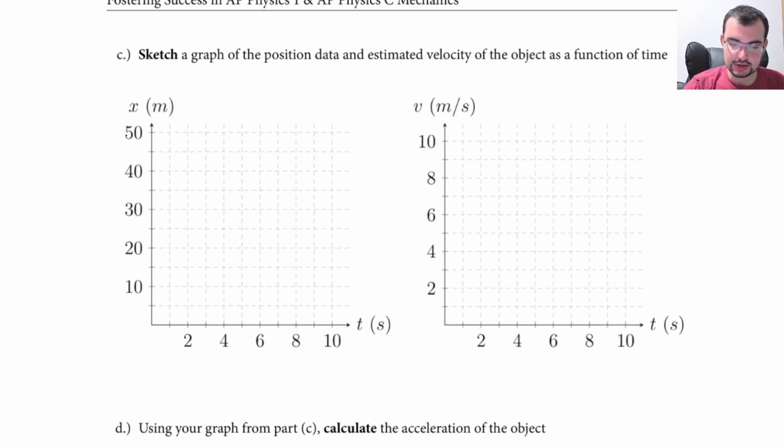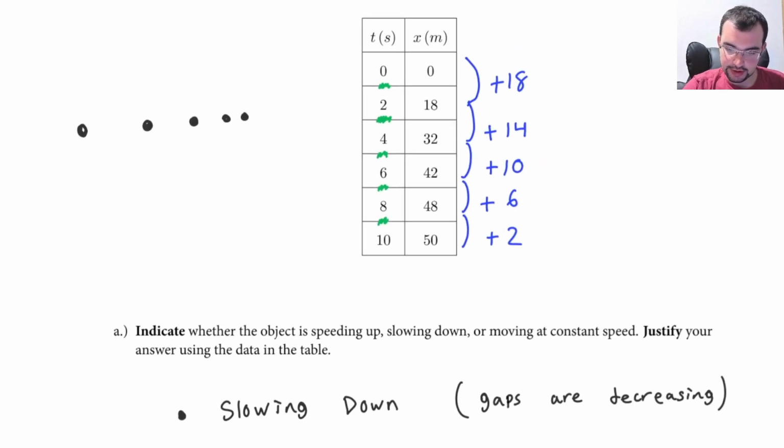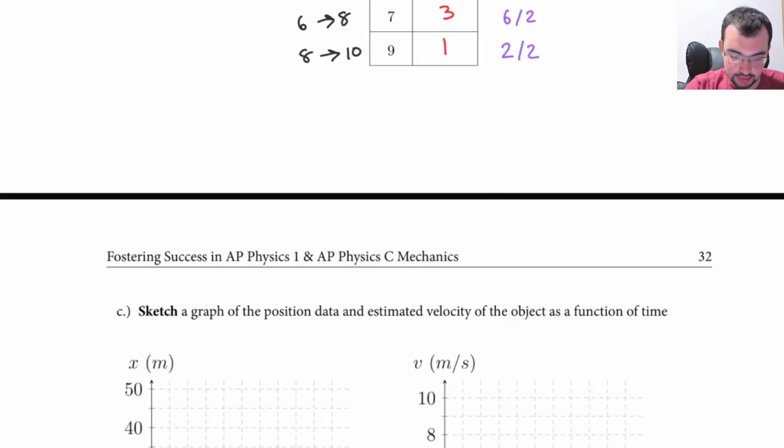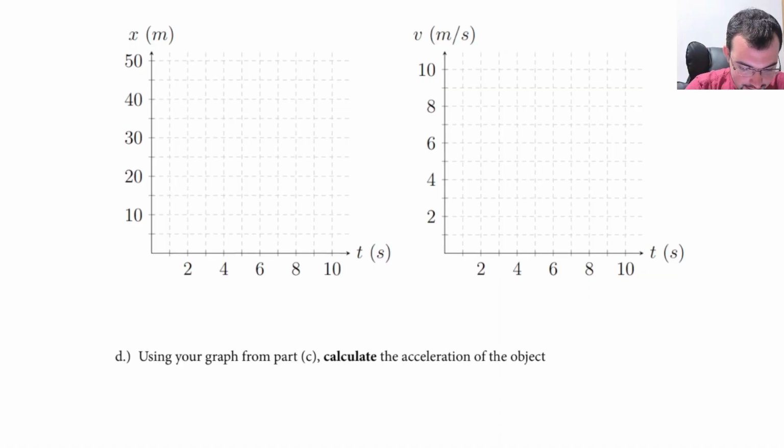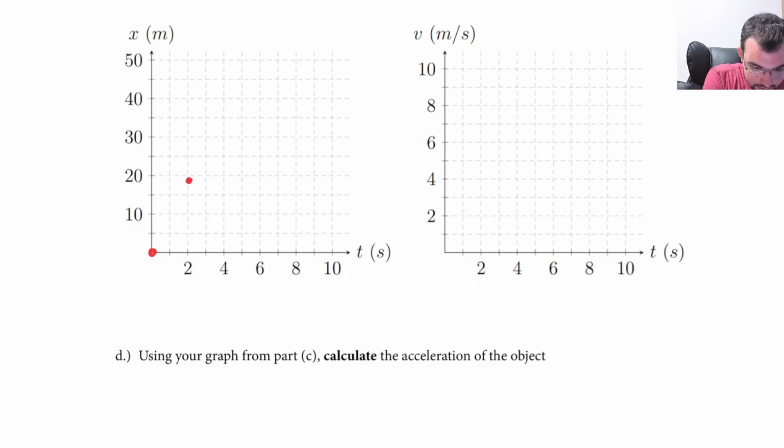Let's do some sketches of the position and estimated velocity. Now, position we can do exactly. Oh boy, you're really gonna make me graph this. And by you, I mean me. I have to estimate where 18 is. That's just shy of 20.